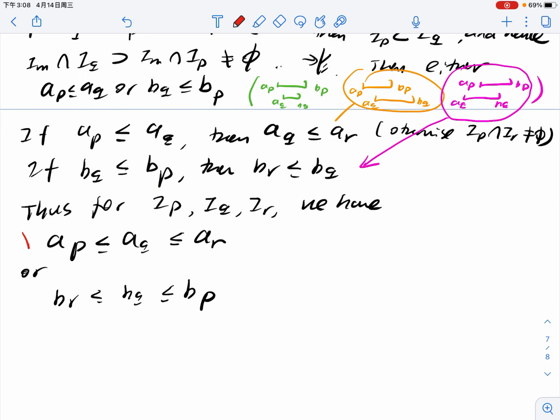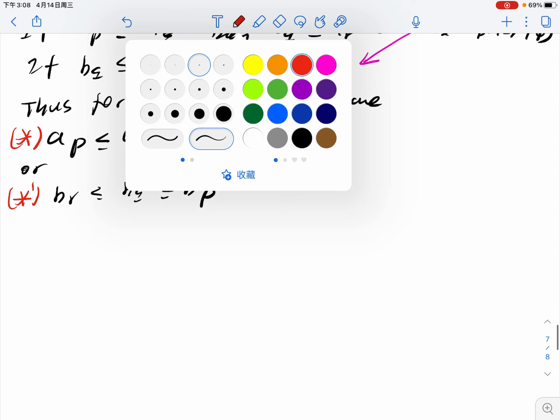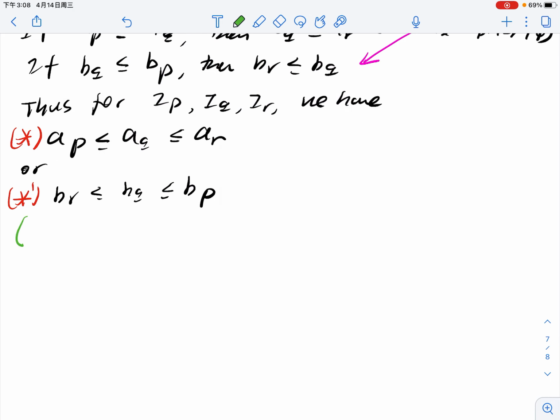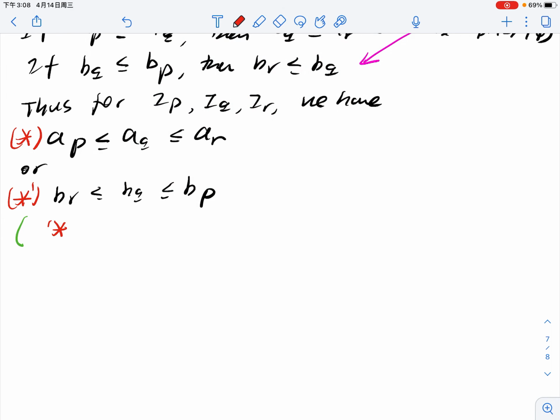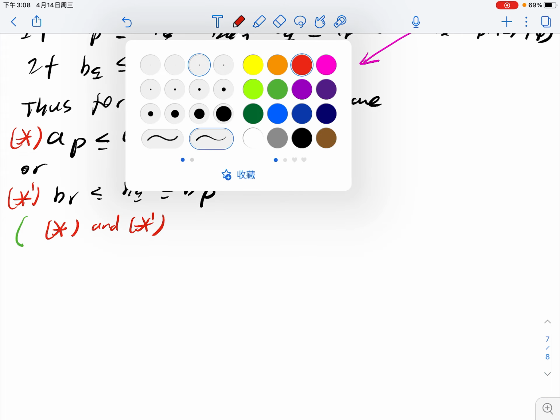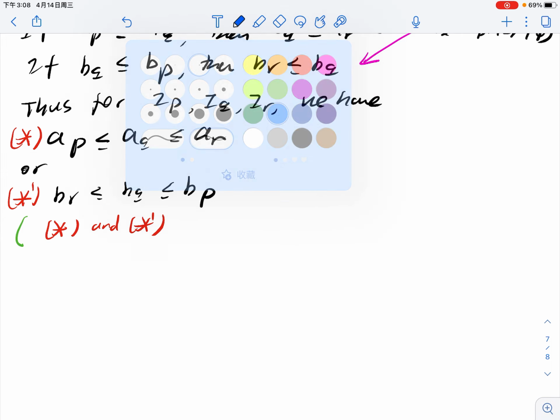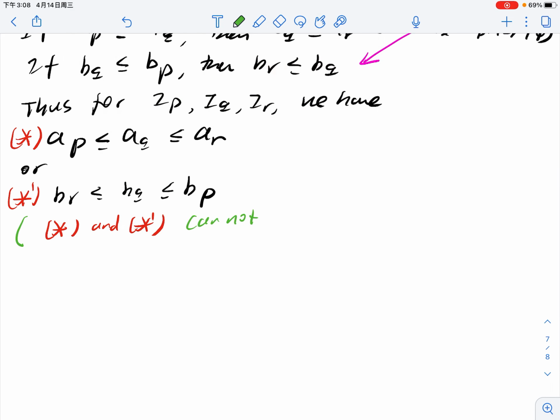So this is arithmetic. This is arithmetic prime. And here we would like to make a remark that arithmetic and arithmetic prime cannot hold at the same time.